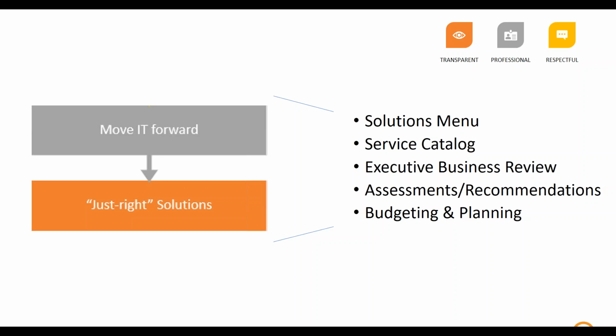Within the IT management team itself, we also do executive business reviews for our clients. This is an ongoing strategic level discussion with leadership about what IT initiatives should be pursued.